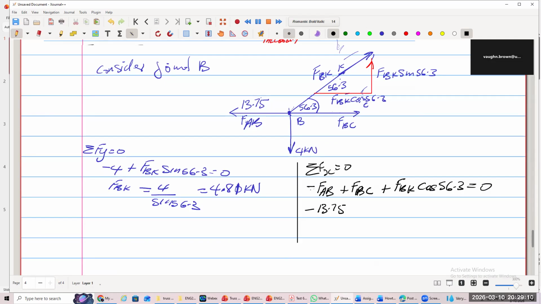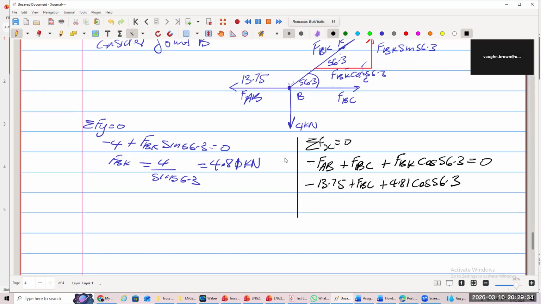Did we find BC? No, but we have BK, so we have plus F_BC, and BK is 4. It's positive, right? 4.81 cos 56.3, equals 0. So what is BC now?